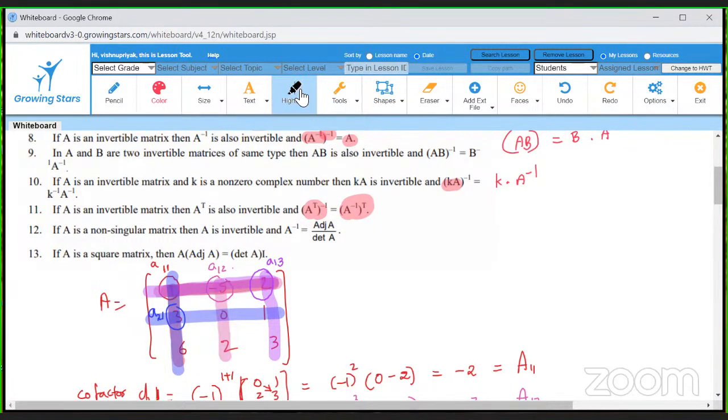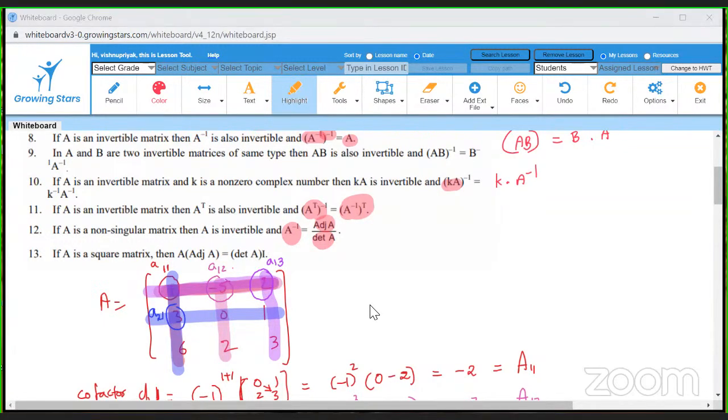How will you find A inverse? To find A inverse, you have to take adjoint A by determinant A. How to find determinant A, I will tell you. What happened?